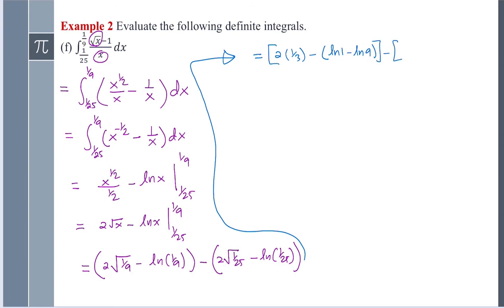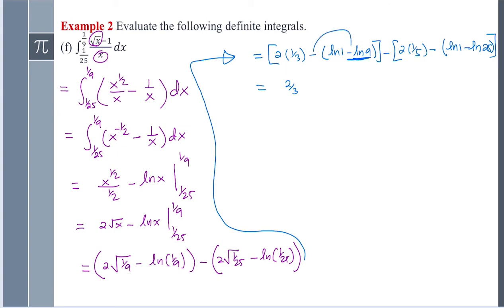We'll do the same thing for the second part. So this is 2 times 1/5, then minus natural log of 1 minus natural log of 25. Okay, now this becomes 2/3. Now natural log of 1 is 0, so we have negative natural log of 9 here.